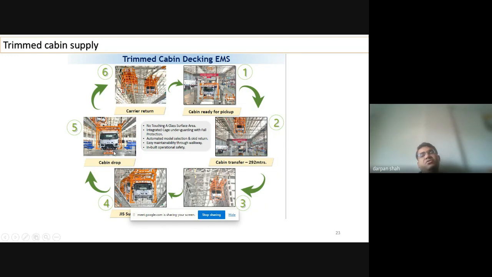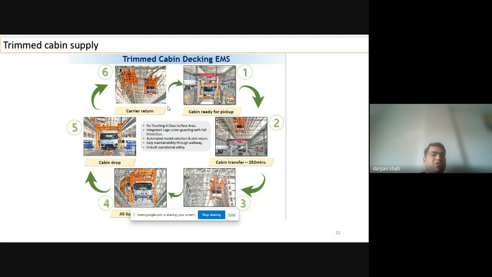Then we have an instrument cluster, which we call the dashboard, which has an odometer and headlamp leveling area, the gear knob, gear switch, and brake pedal, ABC, accelerator, brake, clutch fitment, and roof lining, door trimming. These are all the operations which are done in a cab trim assembly line.